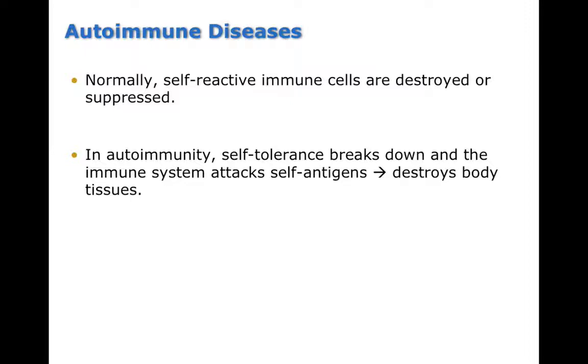If this self-tolerance breaks down, then the immune system can attack self-antigens and therefore destroy body tissues. And if you think about how many autoimmune diseases there are, it's virtually the same number as you have antigens in your body. Really any tissue of your body could be subject to autoimmunity.